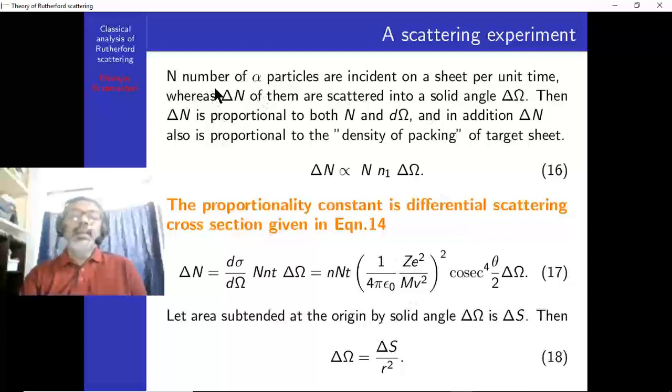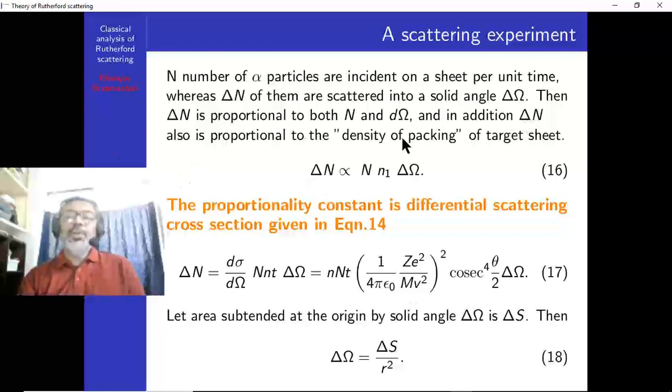Suppose capital N is the number of alpha particles incident on the sheet per unit time, whereas Δn of them are scattered into solid angle ΔΩ. Then Δn is proportional to both N and ΔΩ. In addition, Δn is also proportional to the density of packing, which is n into t.